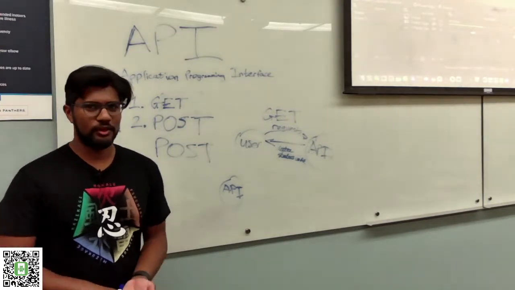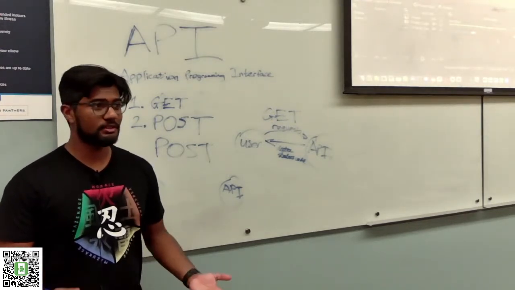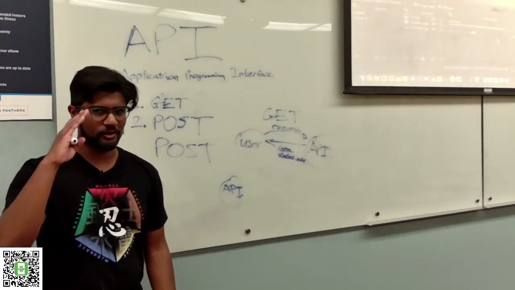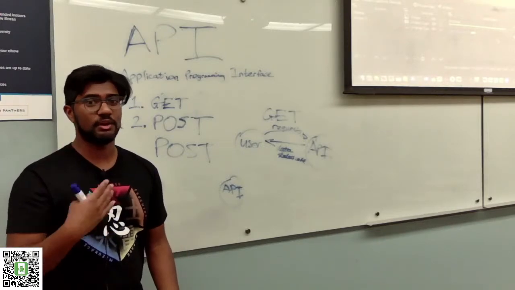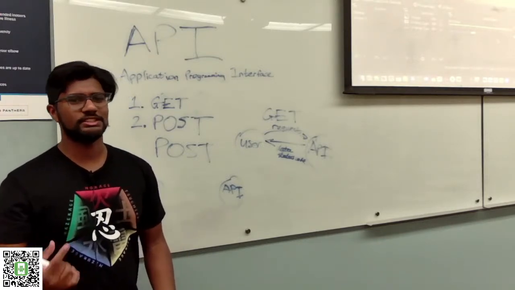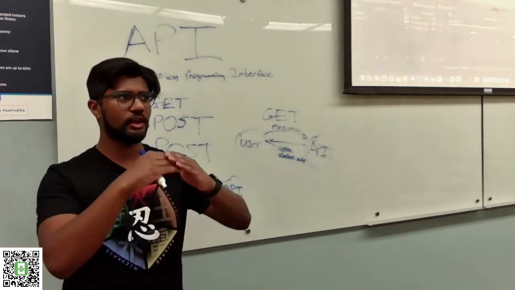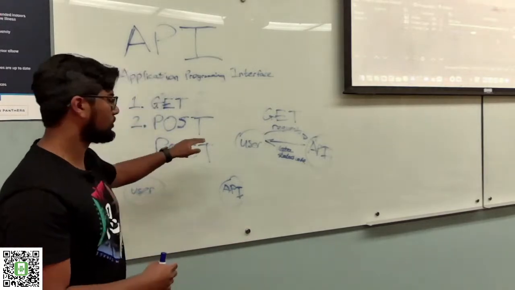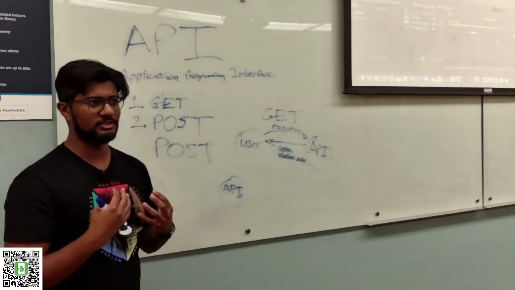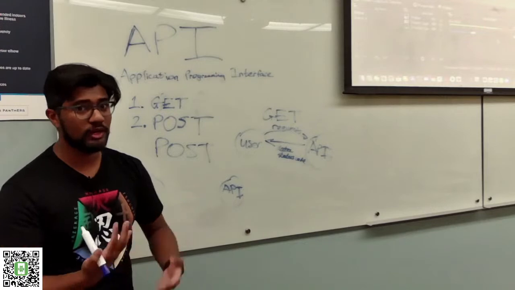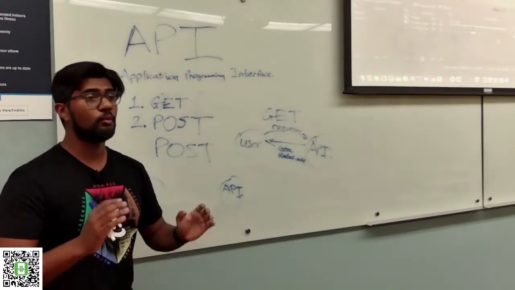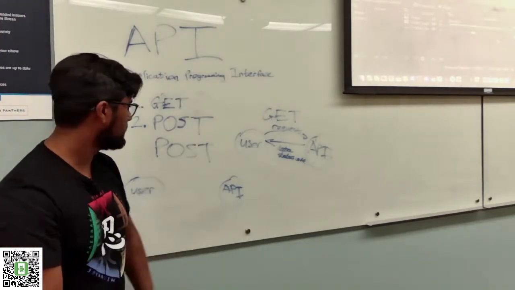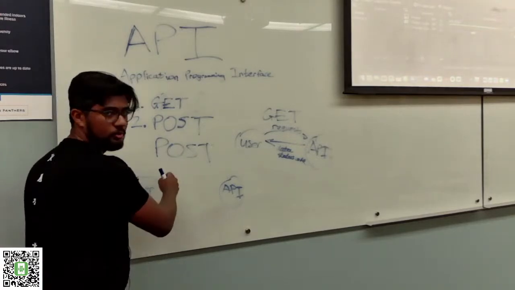Say they want to build the main page of Twitter and make a new tweet. If they want that tweet to be added to the list that shows up on their Twitter homepage, they do a GET request, because they're getting information. They want to access it and manipulate it. But if they want to put that back onto Twitter's website, they're going to do what's called a POST request.